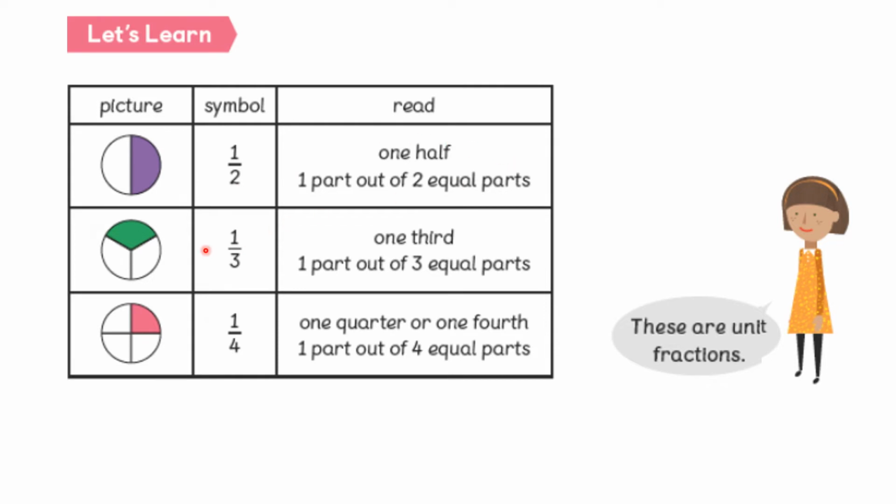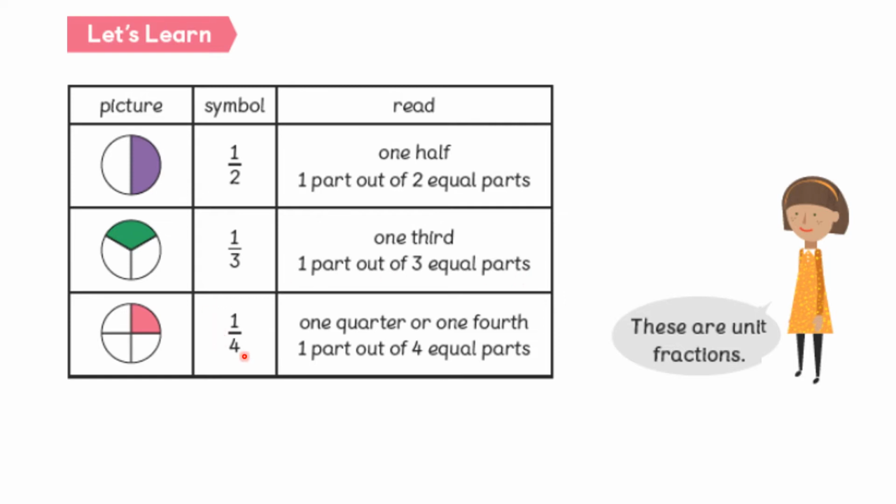We've just had a look at thirds. So here there are 3 equal parts. It's been divided into thirds. 1 is coloured in, so 1/3 is being shown, or 1 part out of 3 equal parts is being shown.